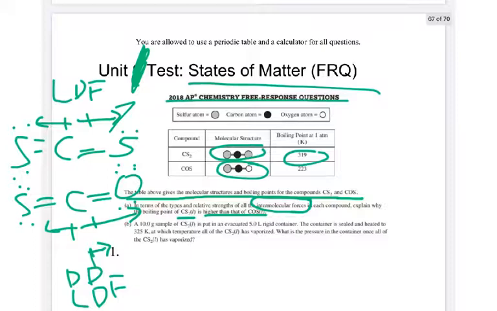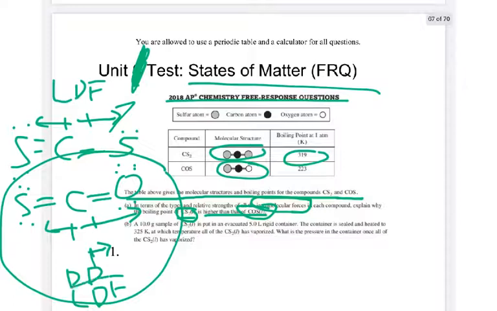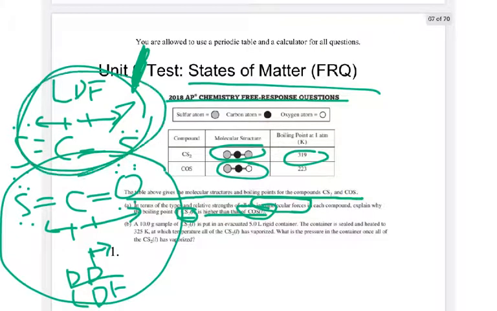Now it says, explain why the boiling point of CS2 is higher than that of COS. Well, at first I expected that this would have the higher boiling point since it has dipole-dipole while LDF lacks it. So why does this compound end up having a higher boiling point than this compound?